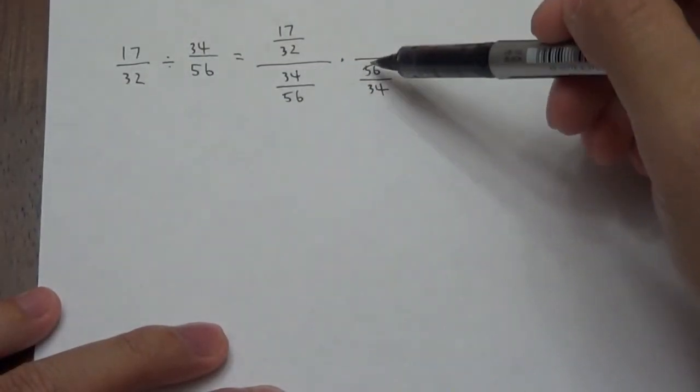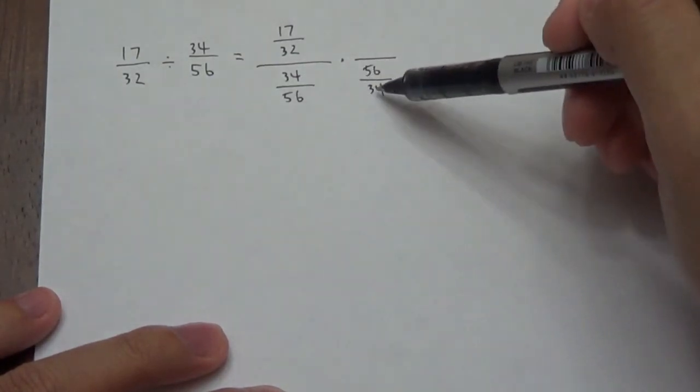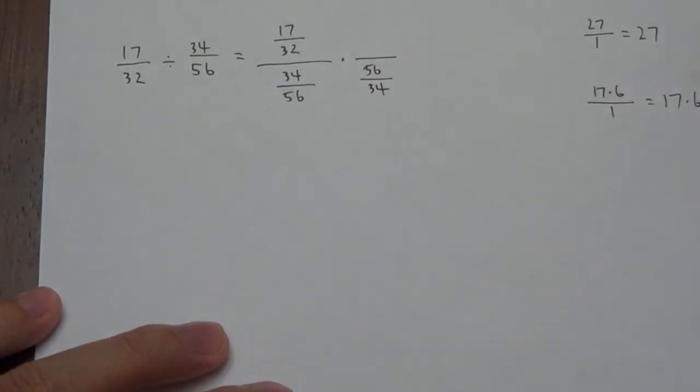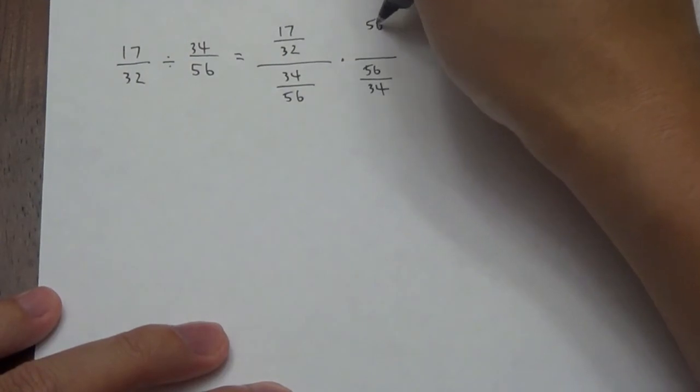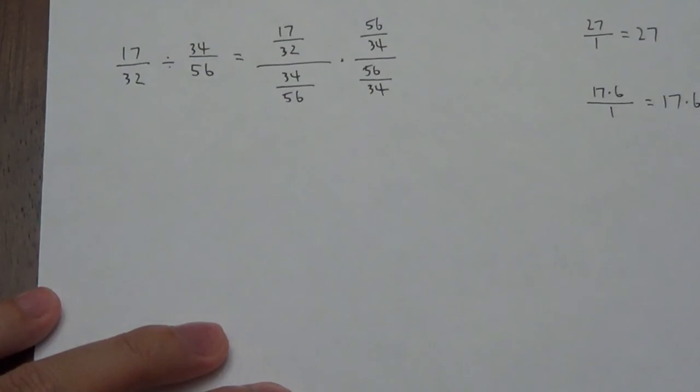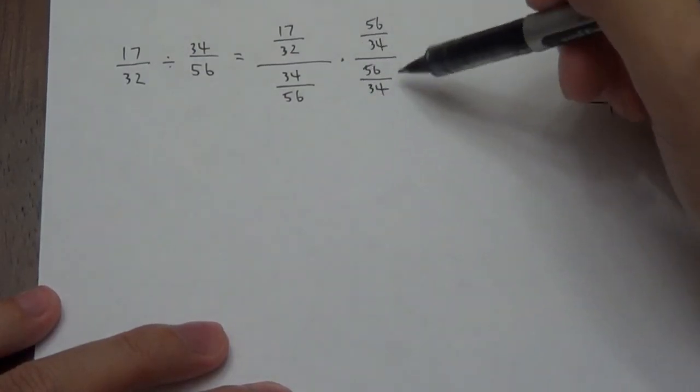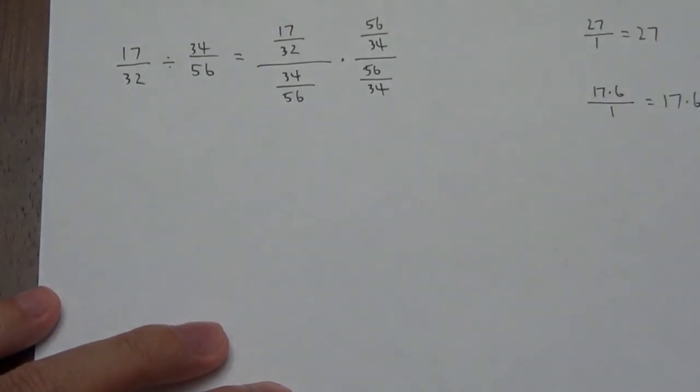34 over 56 times 56 over 34 is going to be 1. And we just need to make sure that we also multiply the numerator by the same fraction. That way we're not actually changing the number, because this whole thing really just equals 1, and if we multiply any number by 1, we don't change the number.